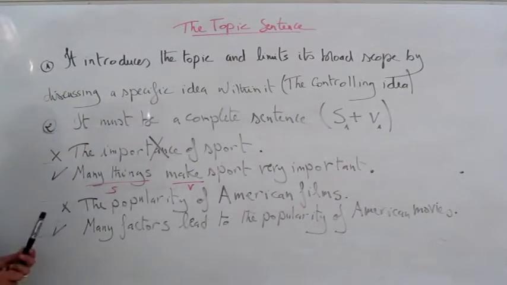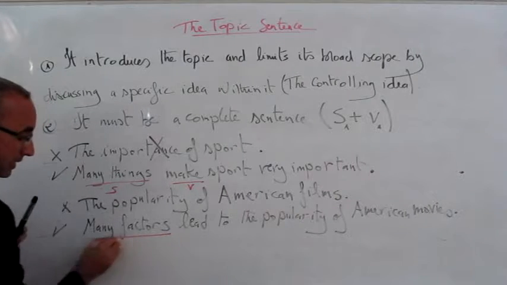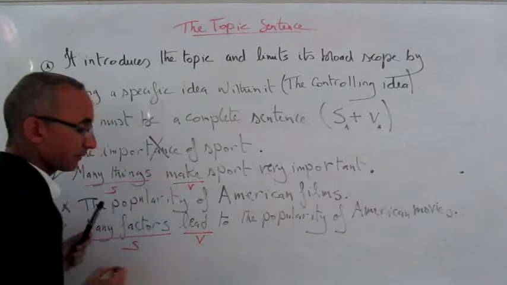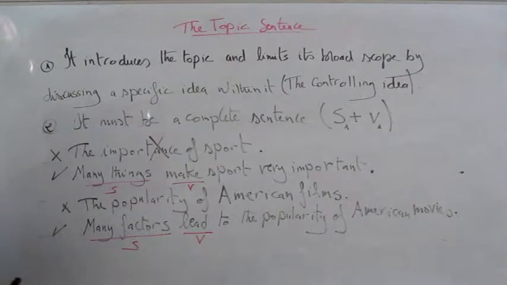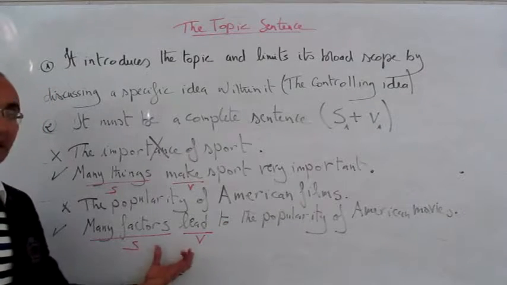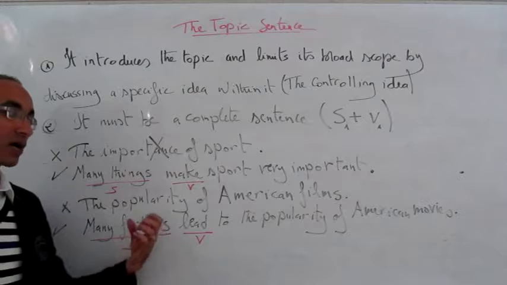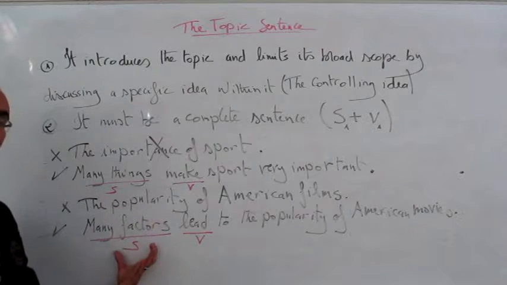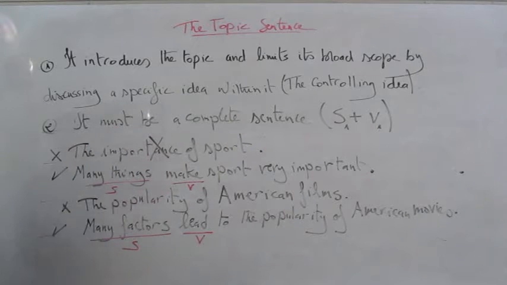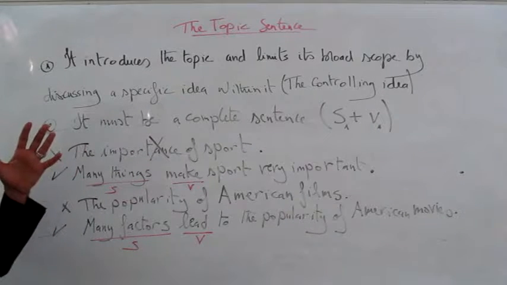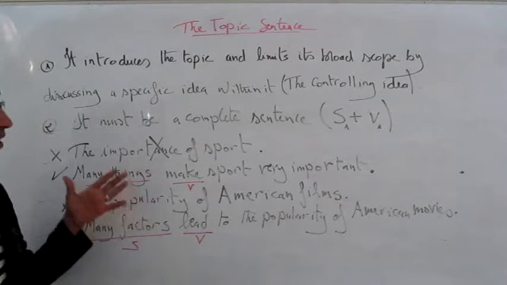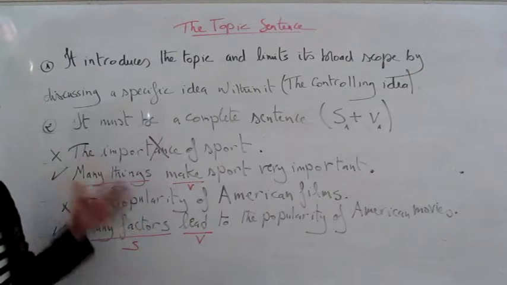So here I have many factors as my subject, lead as my verb. Also you can write, American movies are very popular thanks to many factors. American movies are very popular thanks to many factors. Clear? So this is the second rule about the English topic sentence of any academic paragraph.